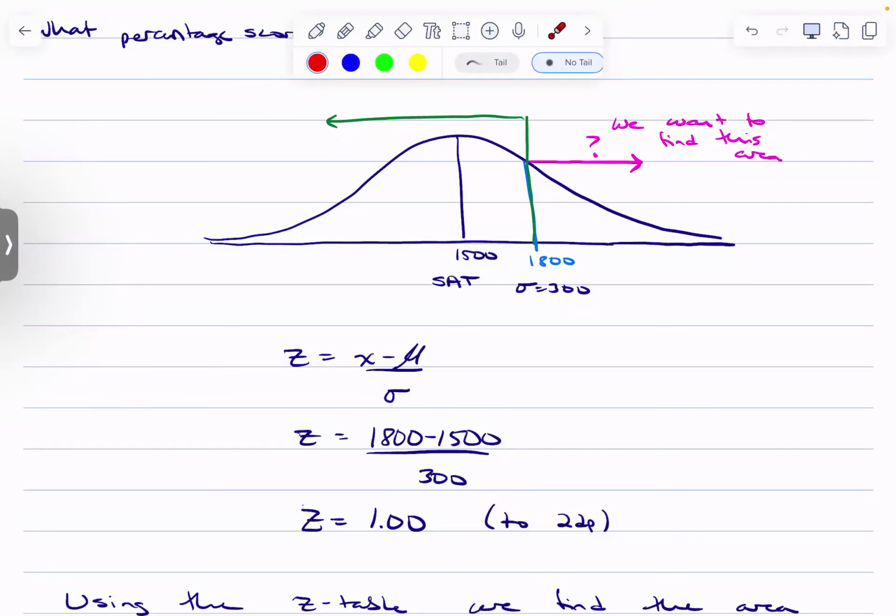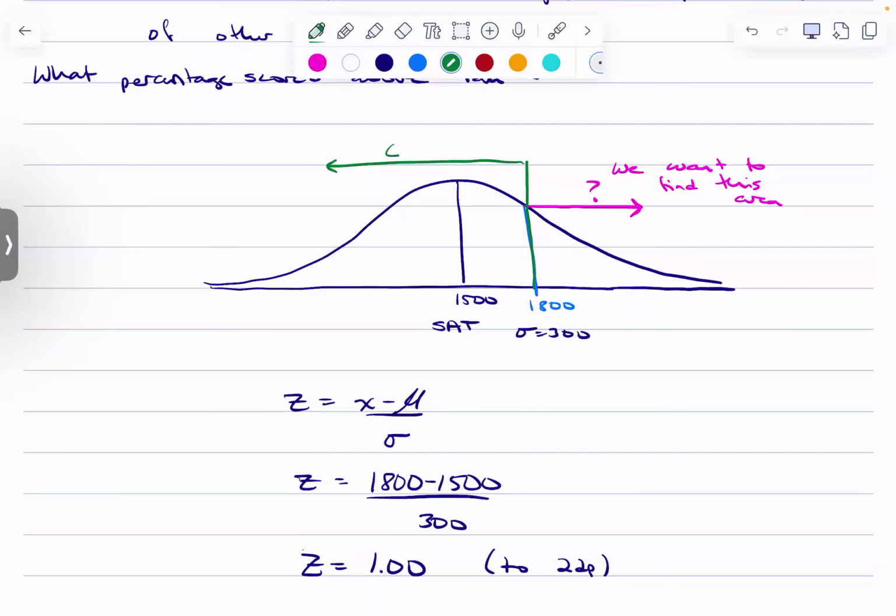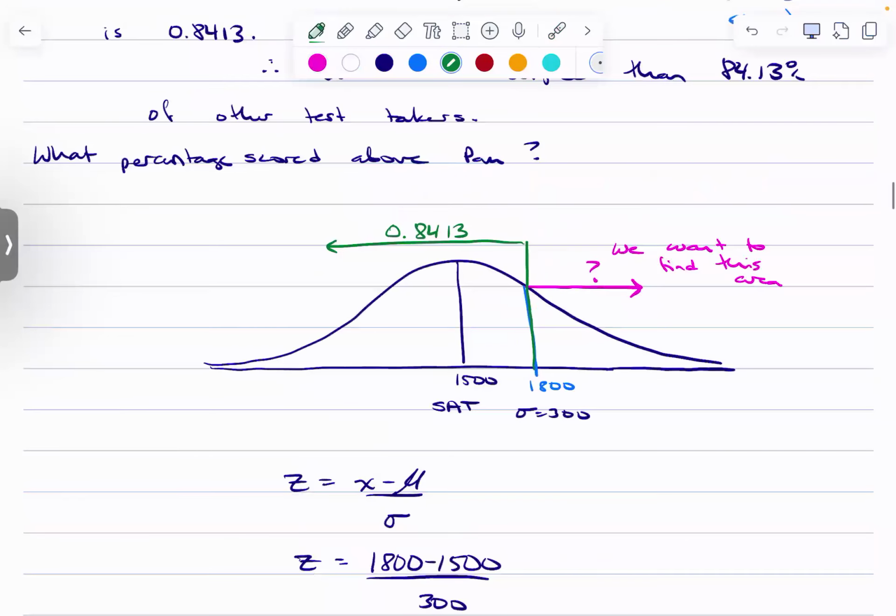And so what this means is this area is 0.8413. So I tend to only draw the original distribution, know that I need to find the Z, but also that these probabilities stay the same no matter if I blow it back up to the original distribution or if I'm on the Z distribution. Kind of stays the same.